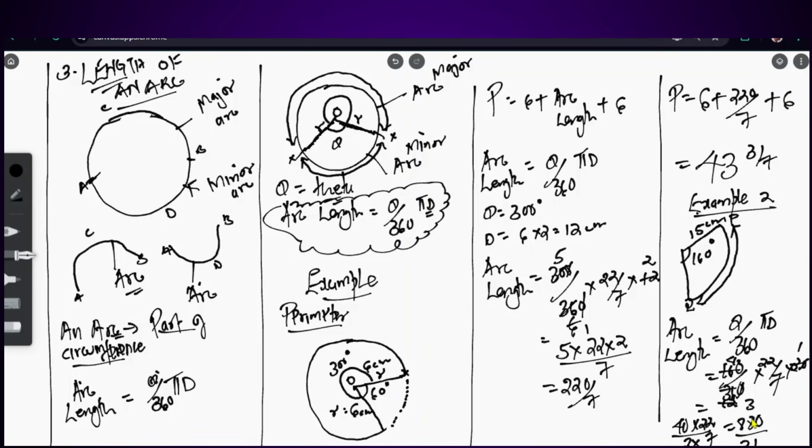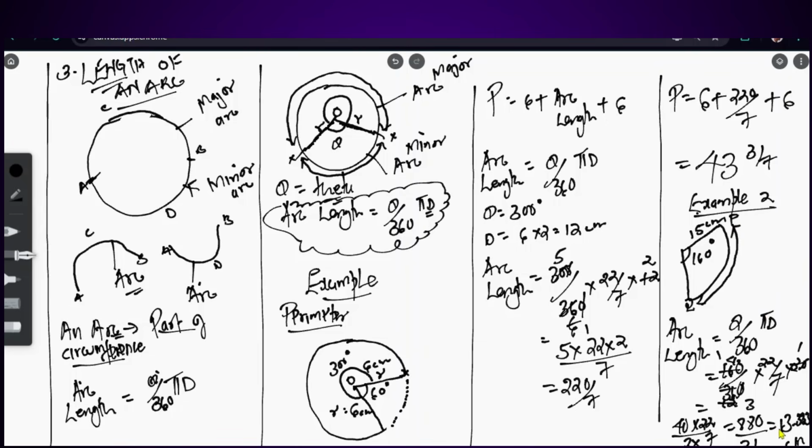So if you take 880 and divide by 21, I can write the answer as a decimal. My answer will be 13.33 recurring centimeters.